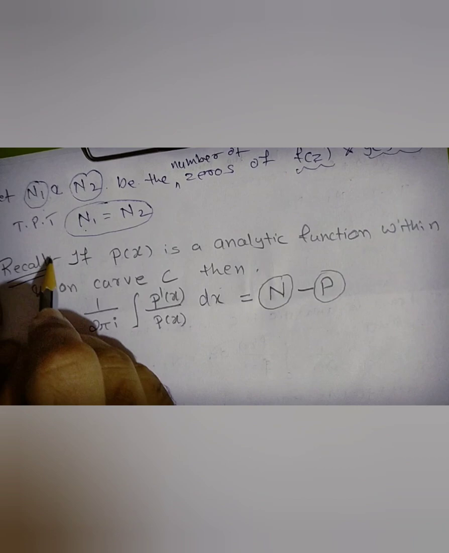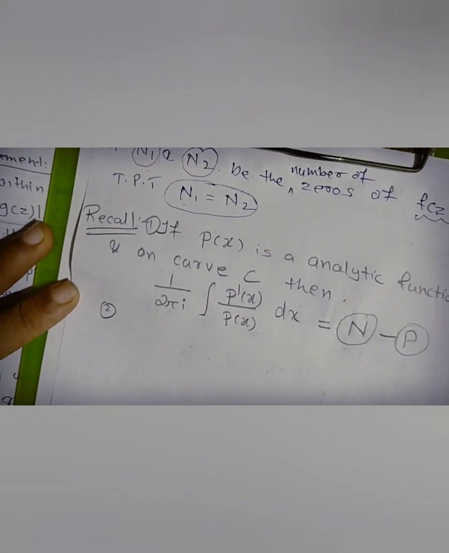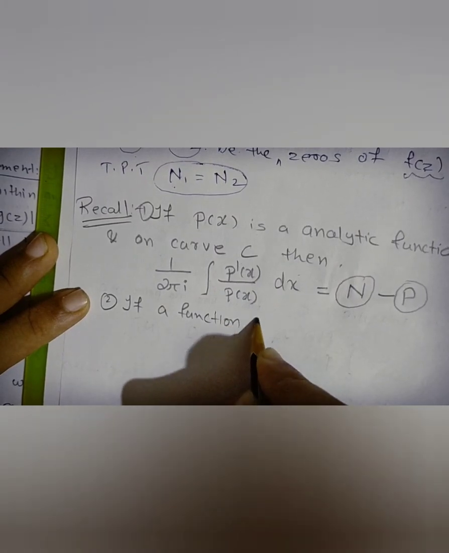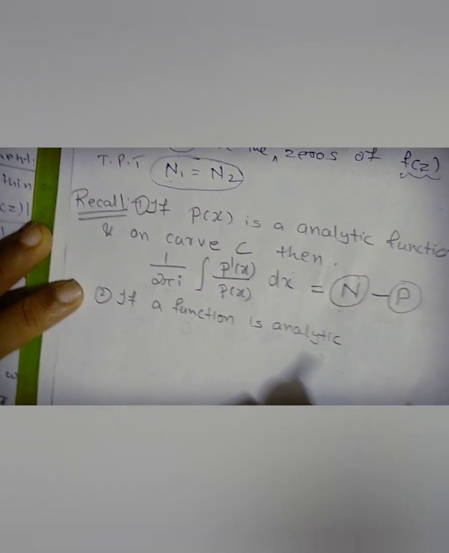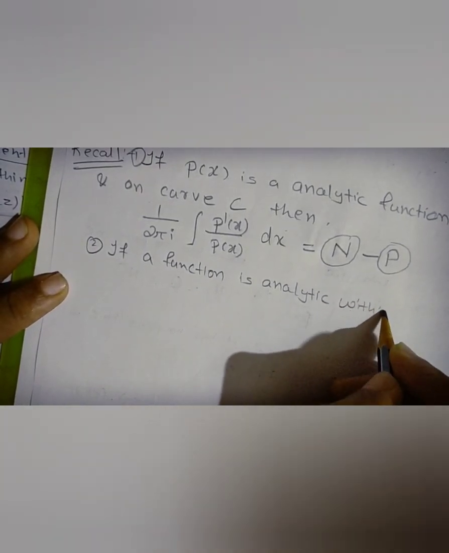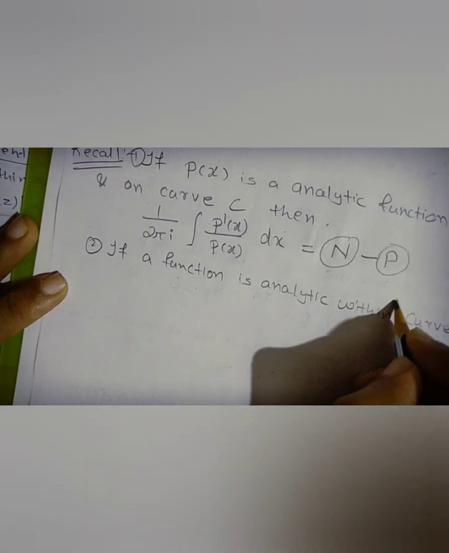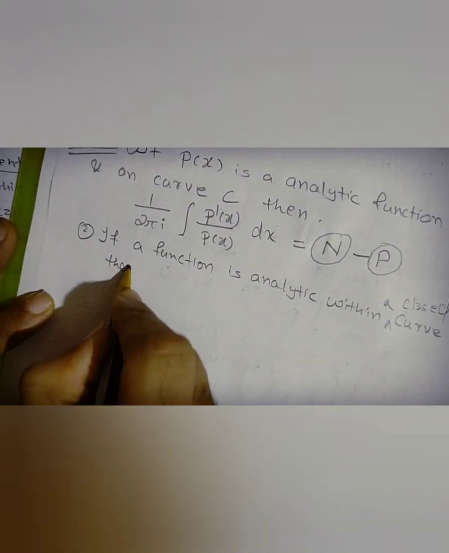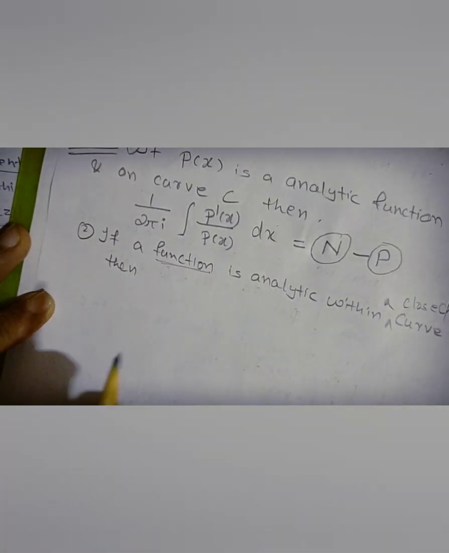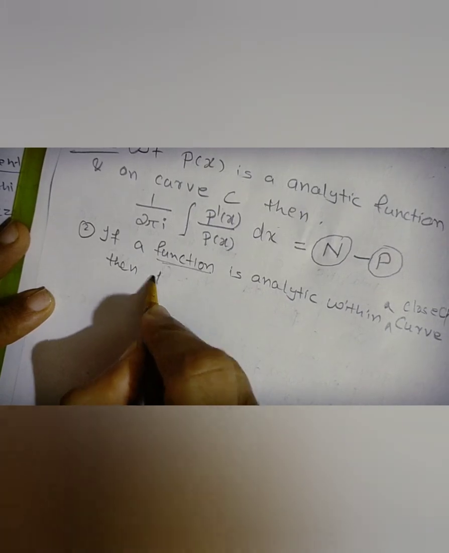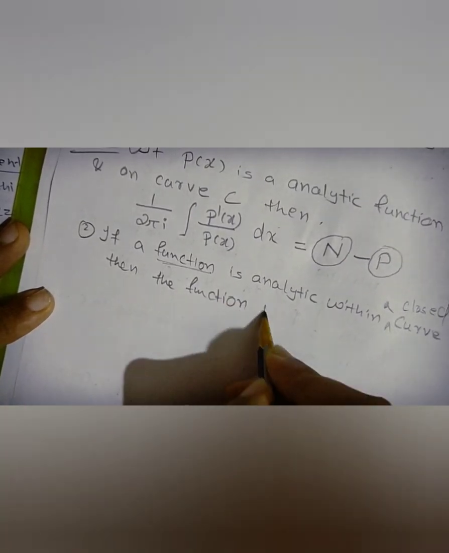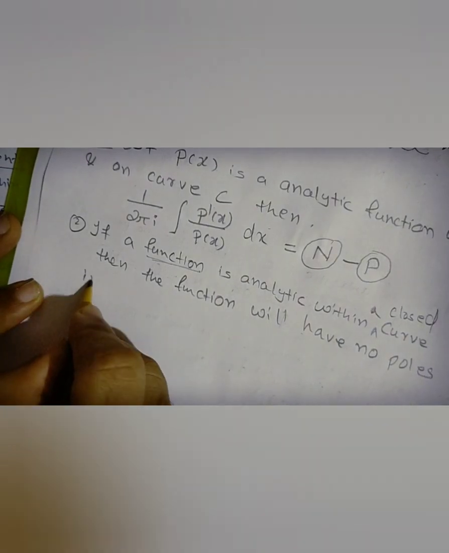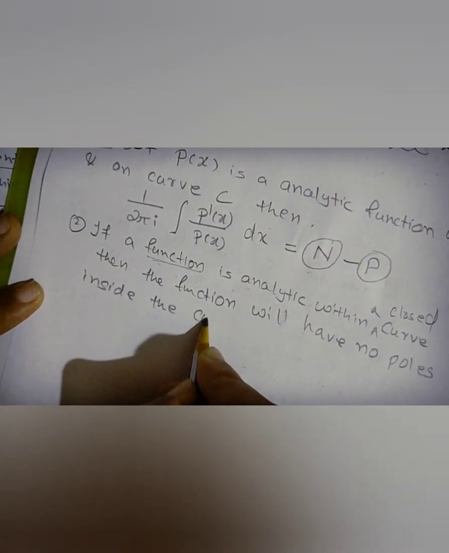So this is one thing which we need to recall, and along with that we need to recall one more thing, which is: if a function is analytic within a curve, it can be any curve, within a closed curve to be specific, then we can say that the function will have no poles inside the curve, right?